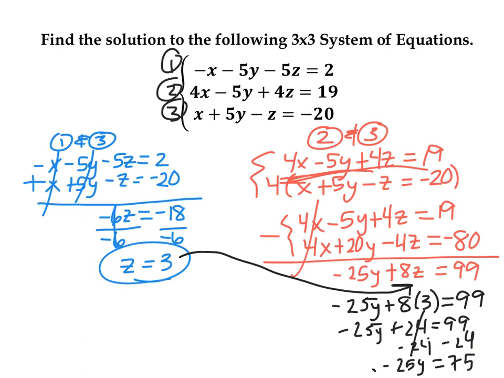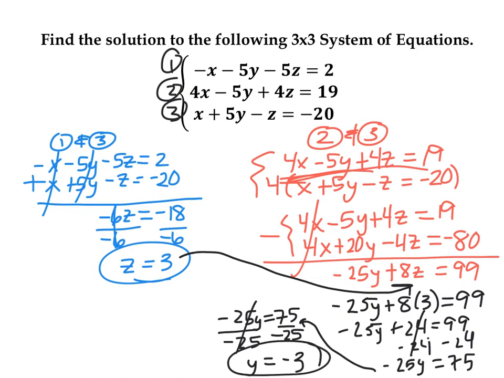To solve for this, I'm going to continue this process over here because I ran out of space. Negative 25y equals 75. I divide both sides by negative 25. So I have y equals negative 3.